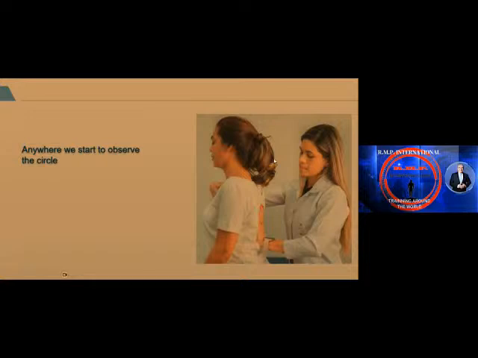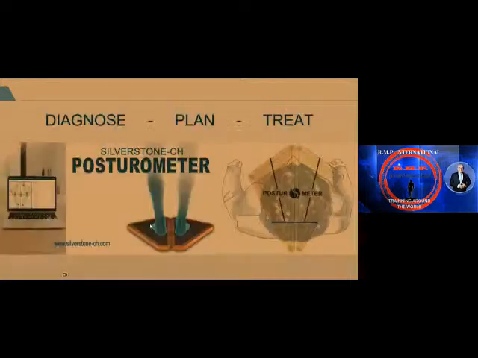Anywhere we start to observe the circle, that means the patient's body, we will find the reflection of a pathology located elsewhere. A problem in the foot, maybe you have the symptom in the back. A problem in the mouth, we have a symptom in the foot support. That's important to measure.